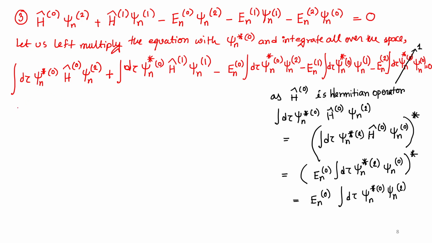and we will put the value here that this is d tau. Obviously En0 is there, d tau psi n star 0 to. We'll write the other terms as they are for now.